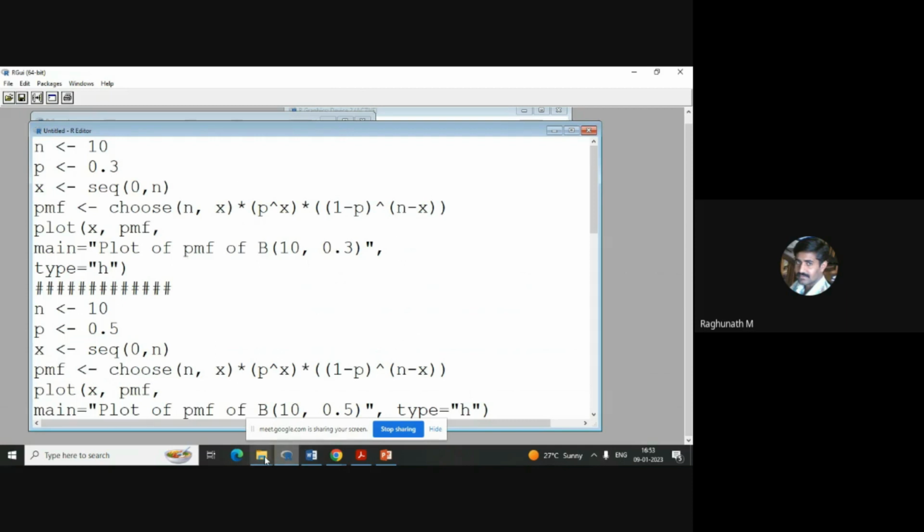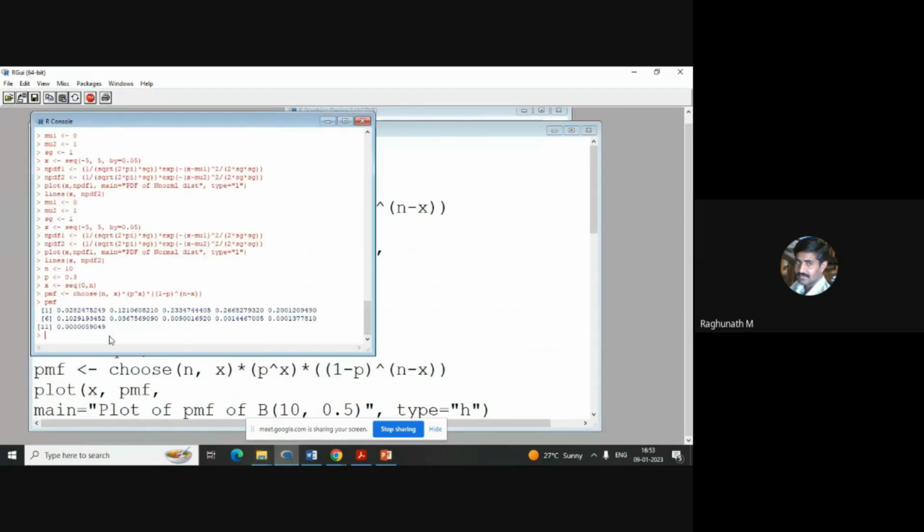I will type it in the R console. So there is dbinom, and you have to pass the arguments: I will take x as all values, then n equal to 10 and p equal to 0.3, which is what I have taken here.